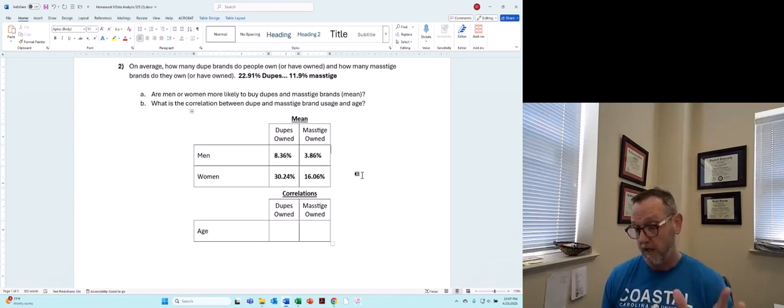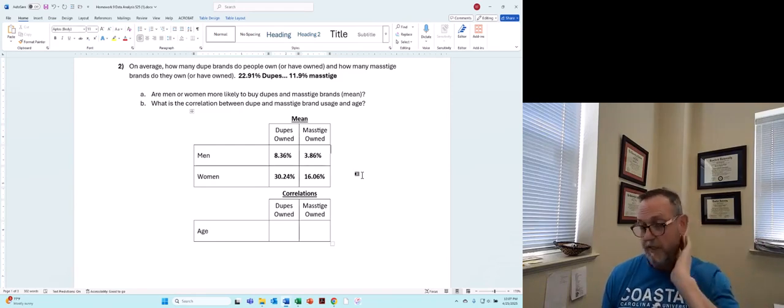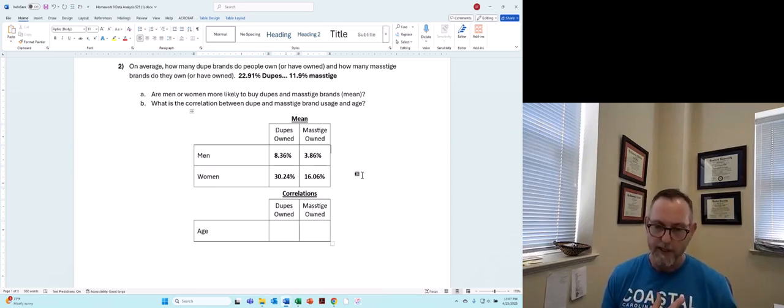So we want to go back and help explain why this is the way it is. Also, it could just be that more women own a variety of brands than men. Maybe women recall better the brands they own than men do. If somebody simply doesn't recall whether they own a brand, or they use a facial lotion and don't know what brand it is, they might not check the box, and maybe men just don't remember as well.